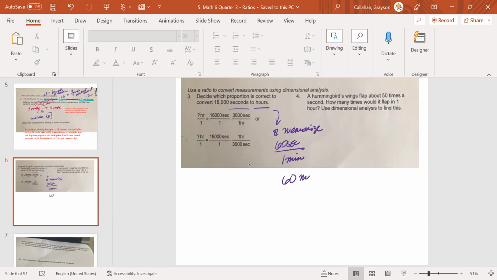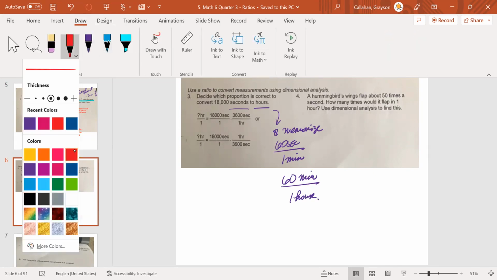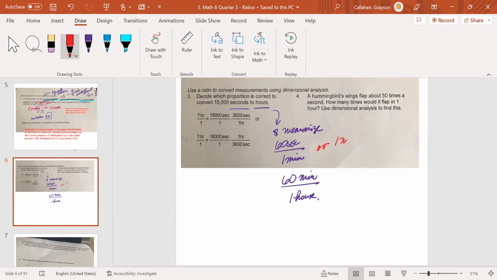You know that 60 minutes equals 1 hour, right? And you can actually convert this however you want. You could do 1 minute over 60 seconds or 1 hour over 60 minutes. They're interchangeable. Do you see how you can flip them? Okay. So then I want you to take a look at this, see which one is correct.